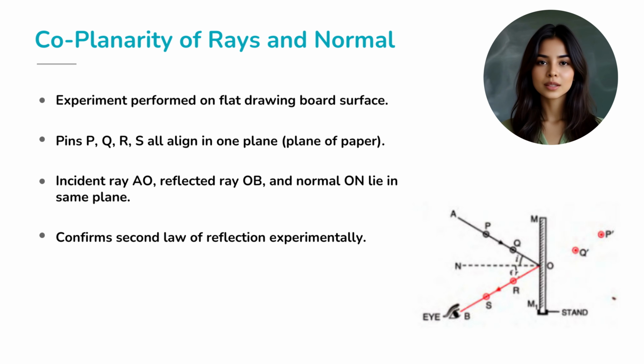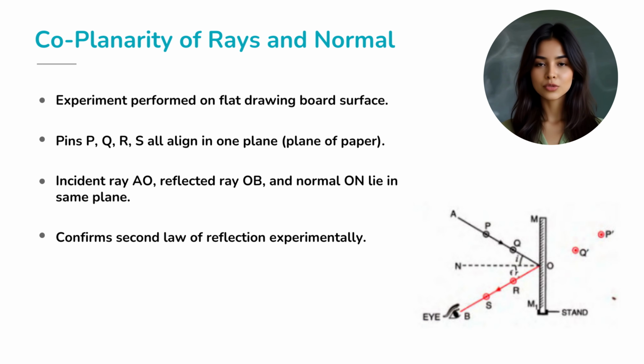All four pins, P, Q, R, and S, align on the same sheet of paper. That proves the rays and the normal don't sneak out into 3D. They stay coplanar. So both laws are verified, I equals R, and all three lines, incident ray, reflected ray, and normal, lie in the same plane.